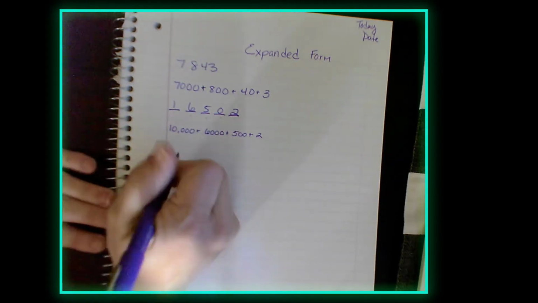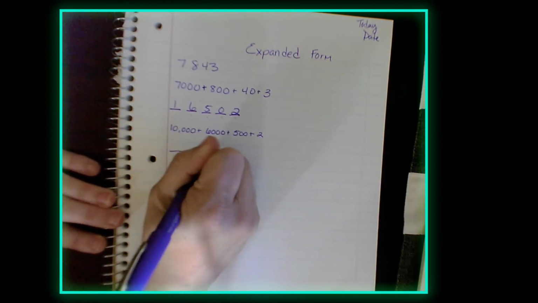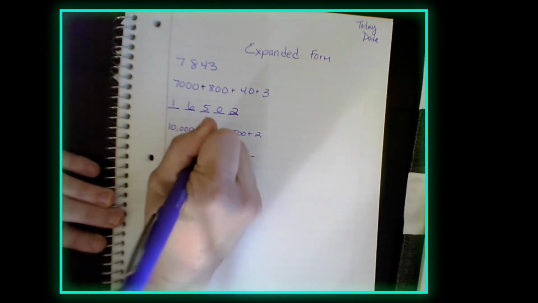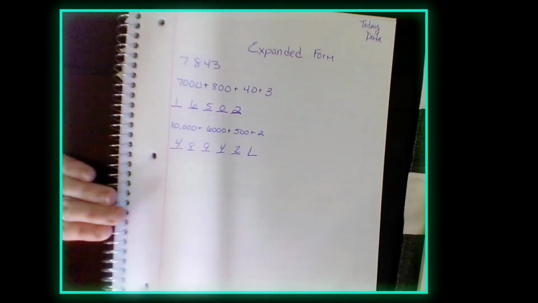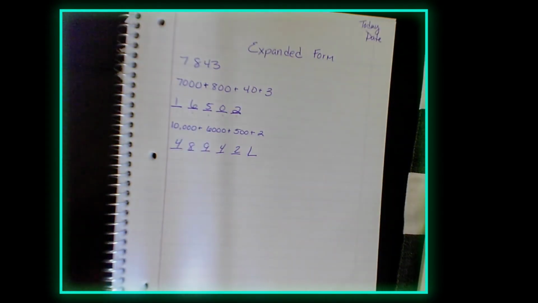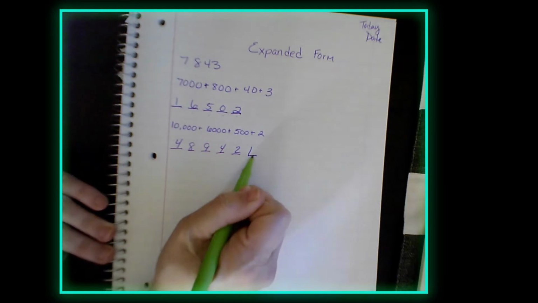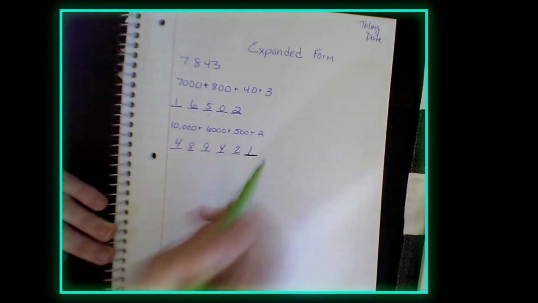Now we're going to go into 6 digits. 1, 2, 3, 4, 5, 6. I have 489,421. Oh, that 1. Do y'all see that mess up? Because my line looks like this really weird number. There you go.